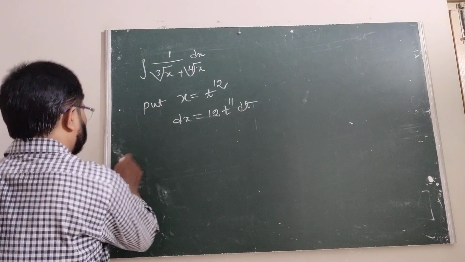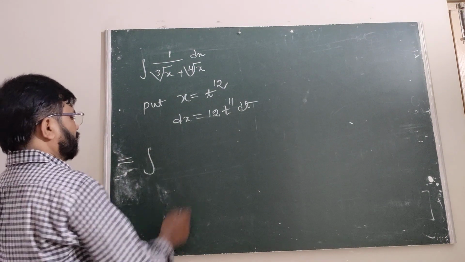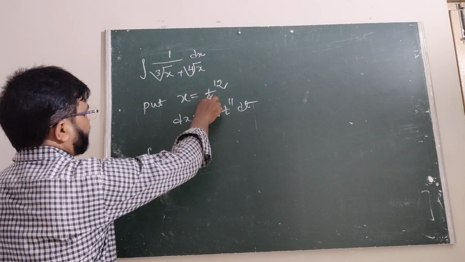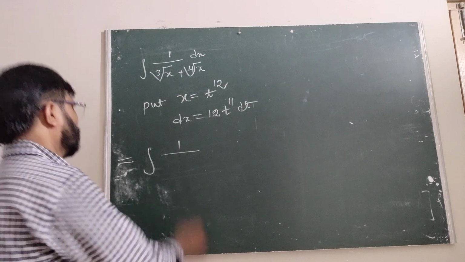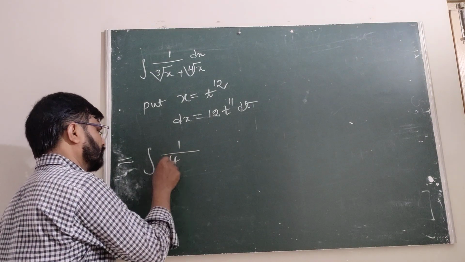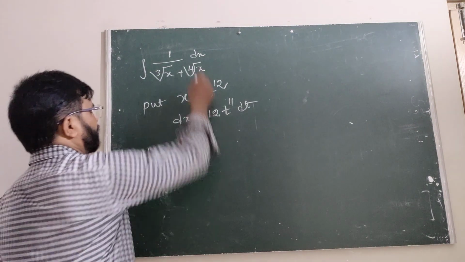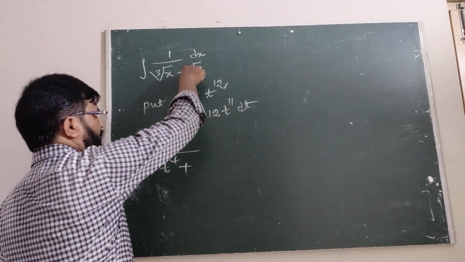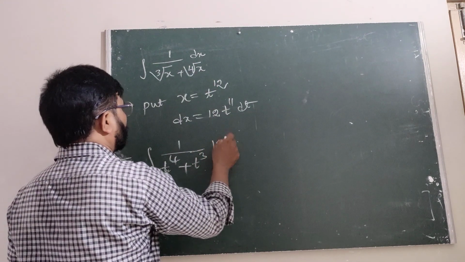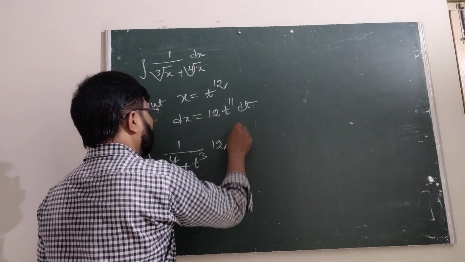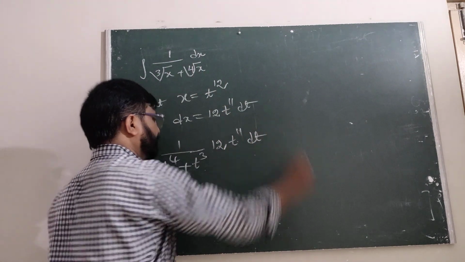Therefore how to evaluate this one? The integral 1 upon, we can take here t power 12. 3 4s are, that means t power 4. Next one, 4 3s are 12 by 4, this is t cube. 12 into the dx, which is 12 into t power 11 dt.